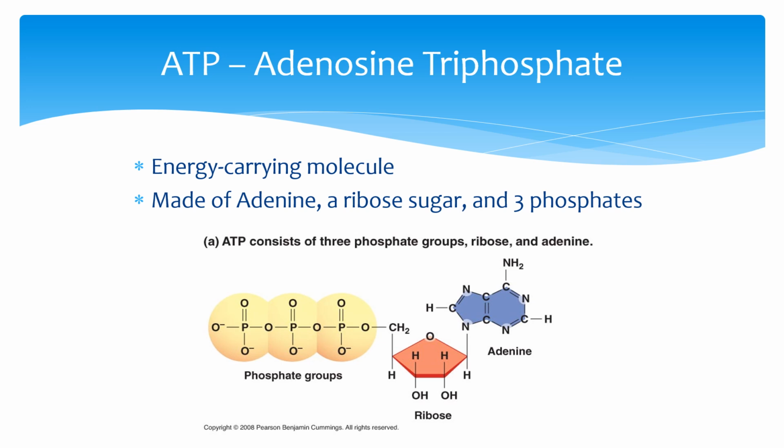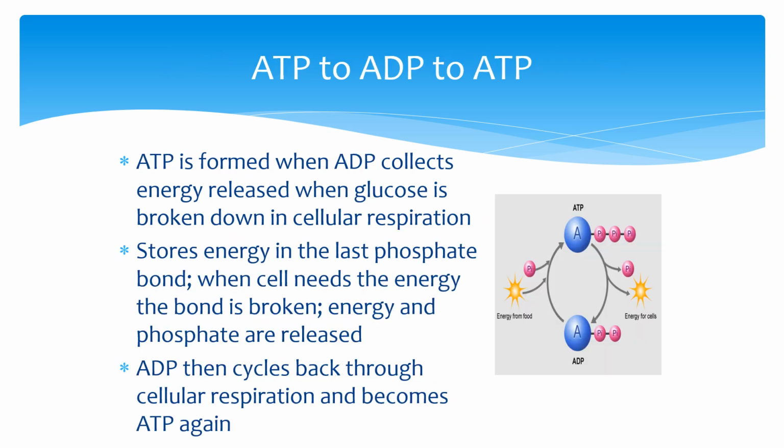And then when one does pop off, what that becomes is ADP, and that actual process of removing that phosphate group happens with such a force that it creates the energy that ATP is known for. We will eventually talk about cellular respiration, which is going to go through this very big process of ATP going to ADP, going back to ATP.